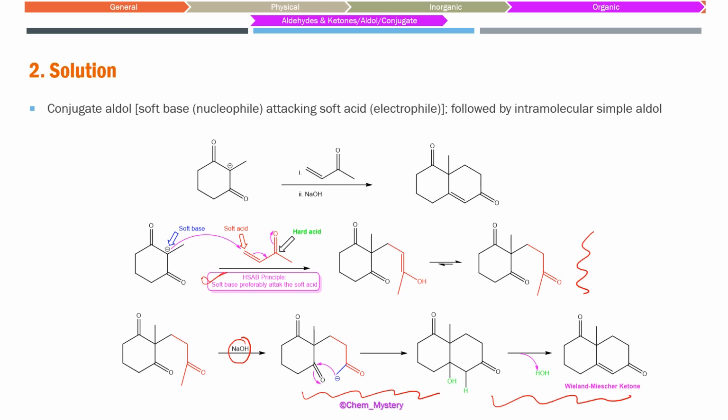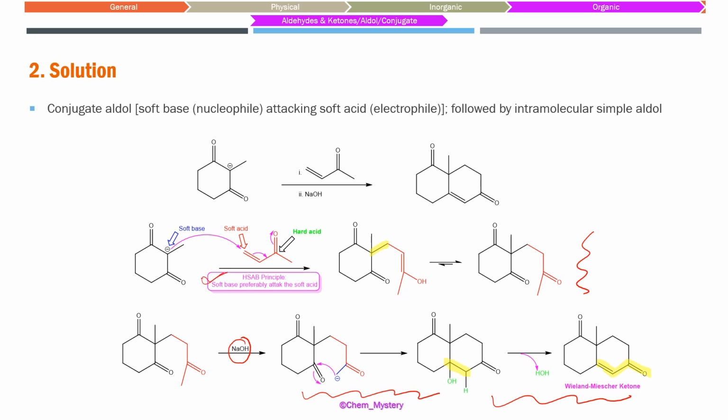In the previous case there was a new carbon-carbon bond formation taking place, and here, this is the new carbon-carbon bond formation. So this is how this compound is being synthesized.